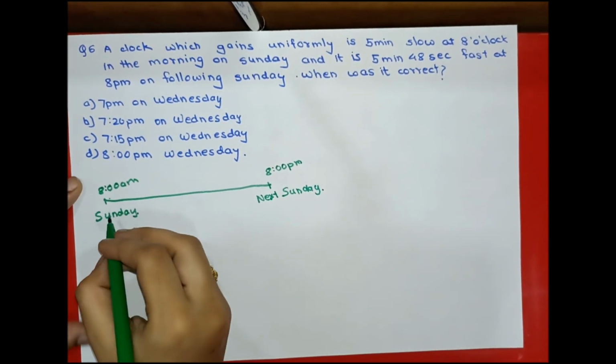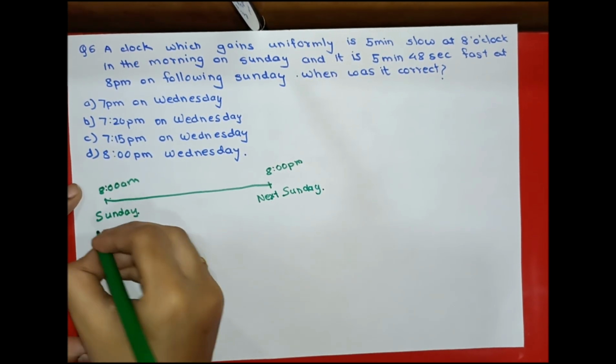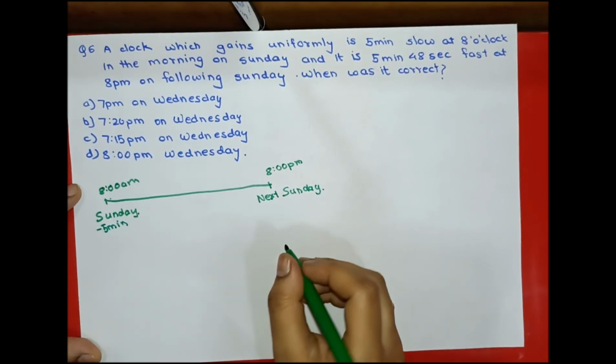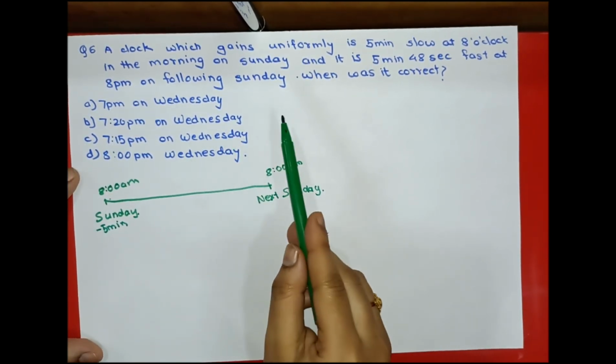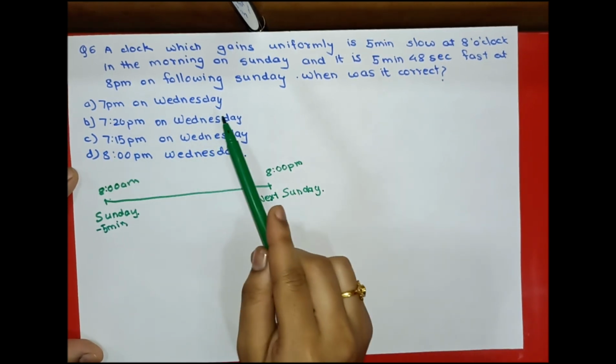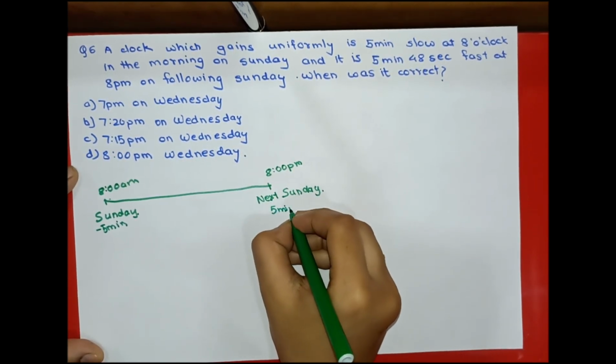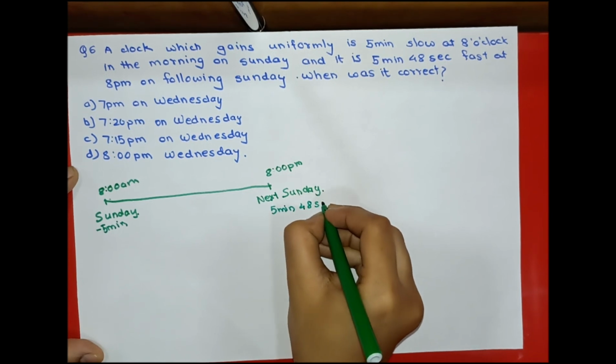When it started at 8 a.m. Sunday, it was 5 minutes slow, and when the time was 8 p.m. on the following Sunday, it was 5 minutes 48 seconds faster.